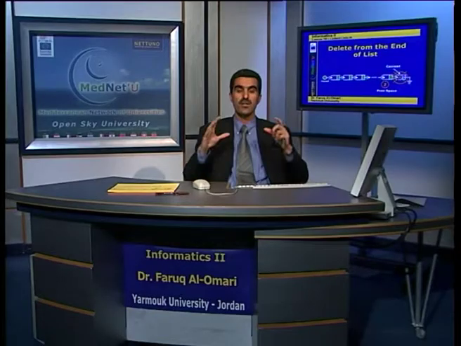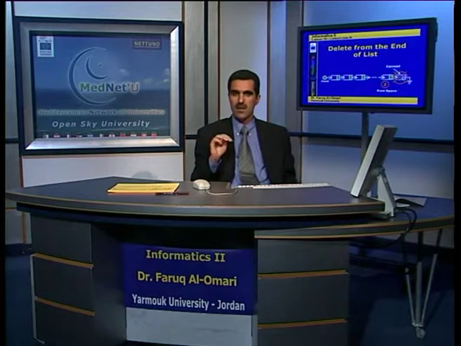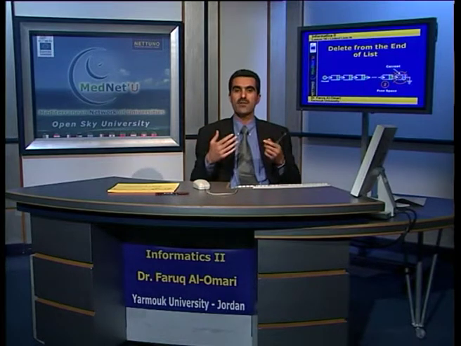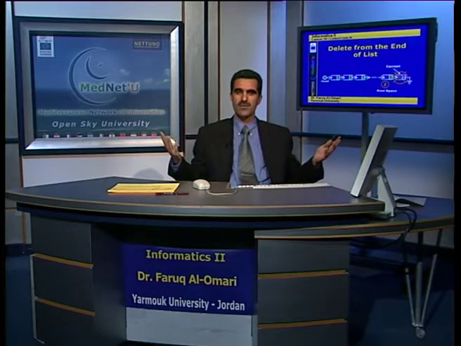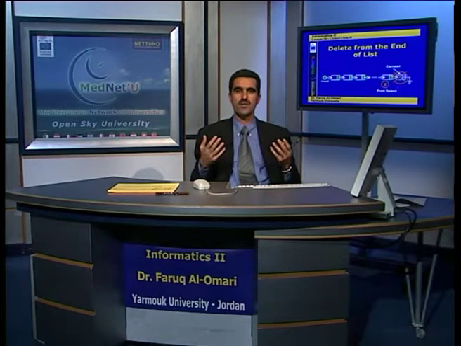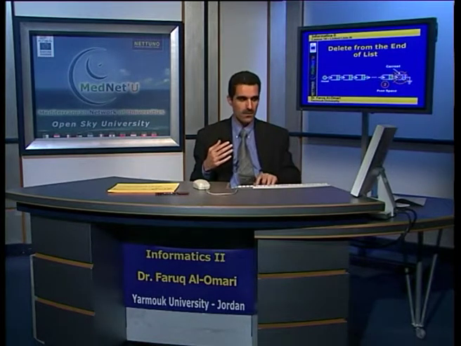And after that, you need to free the space. The same exact three steps that we're going to perform each time we want to delete a node. So regardless of where that node is, although we had three different scenarios, it seems that the delete process is going to be the same for all scenarios. All right.